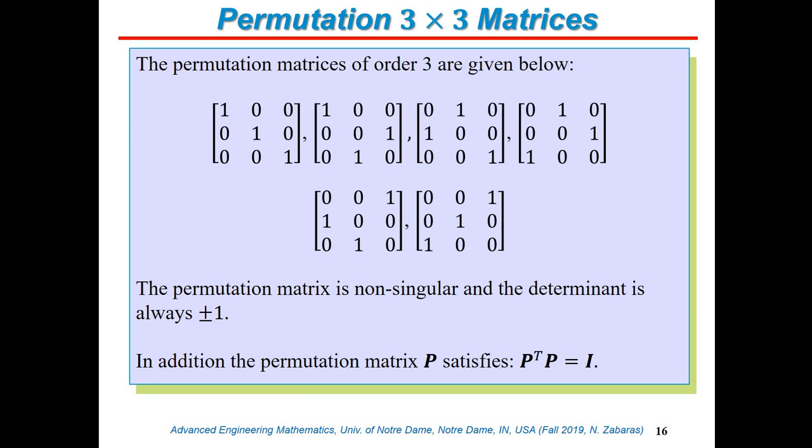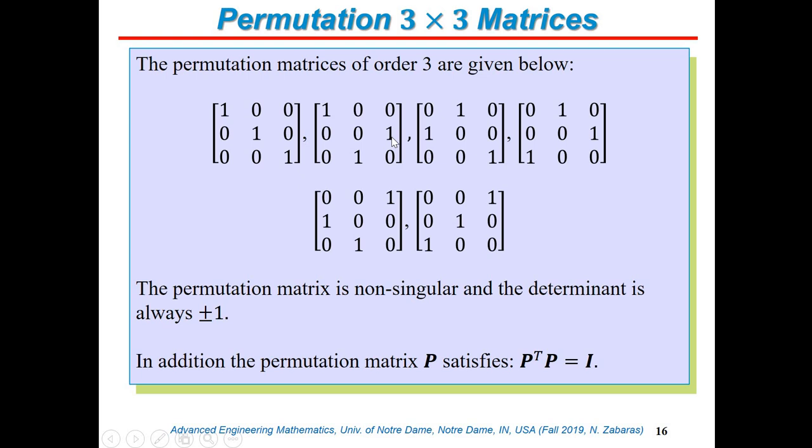Once you select the first row, how many can you put on the second row? Well, you can put only 2. And once you select the second row, how many are left to put on the third row? Only 1. So for example, if you put the first row to be 1, 0, 0, then for the second row, you can put the 1 here, or you can put the 1 there.